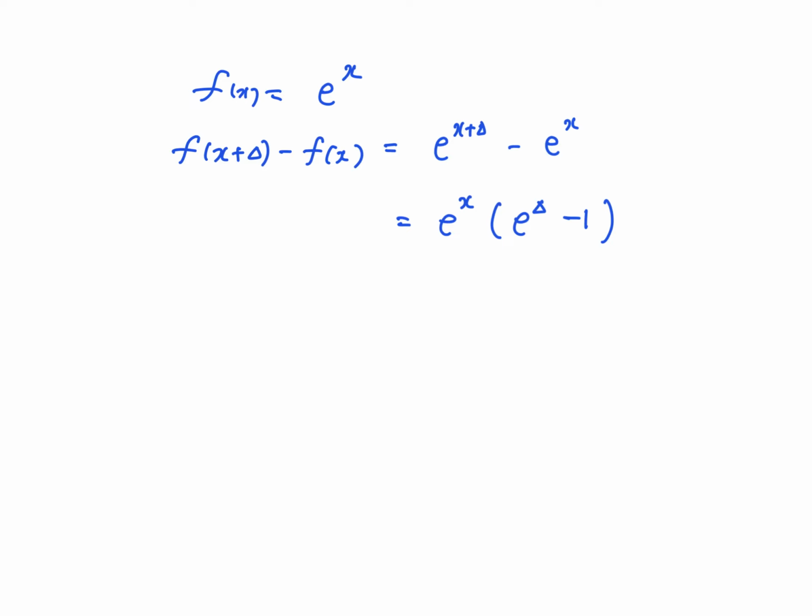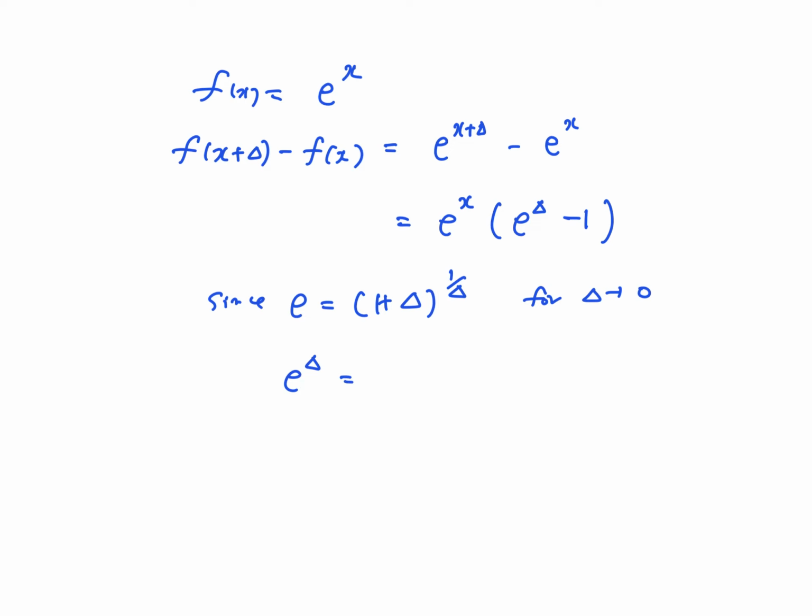E, Euler's number E. But for small delta, what is exponential e to the delta?